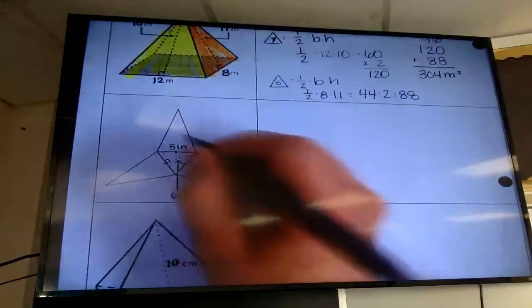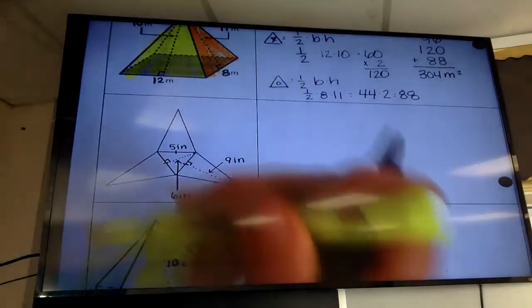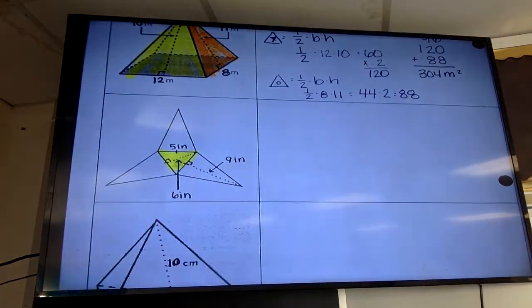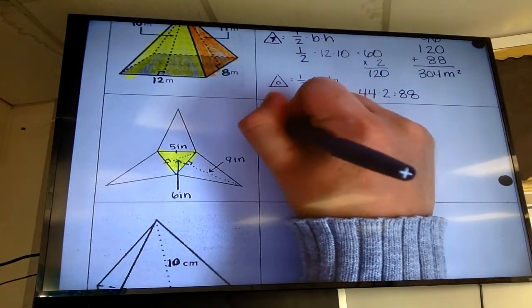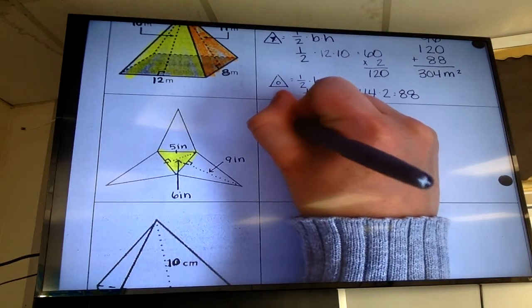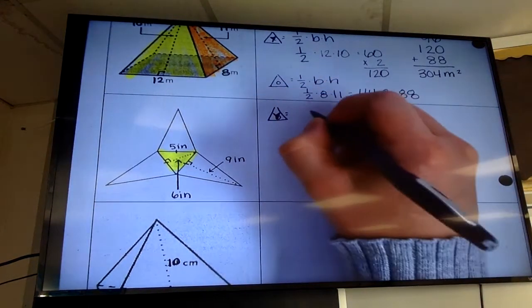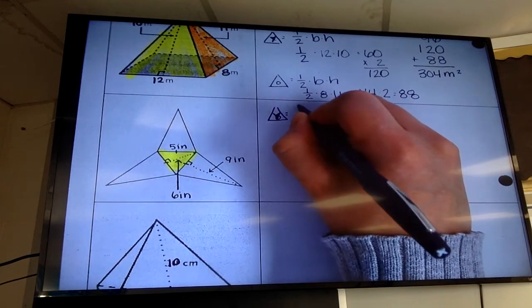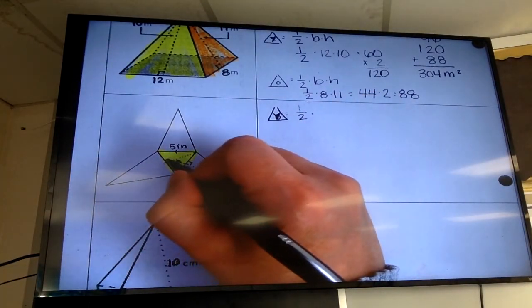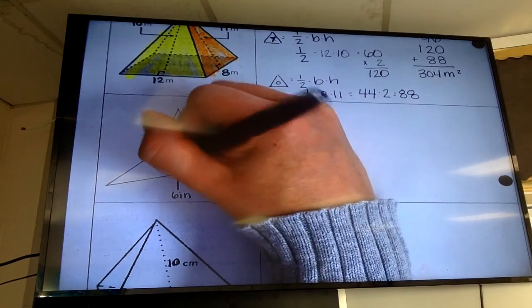So I have two different triangles that I'm going to do here. I'm going to start with my triangular base, which is right here. I'm going to put a Y in it for my yellow one. And again, I know the formula by now, so I'm just going to write 1/2 times the base. Here's my 90-degree angle, so I need to know this measure right here.